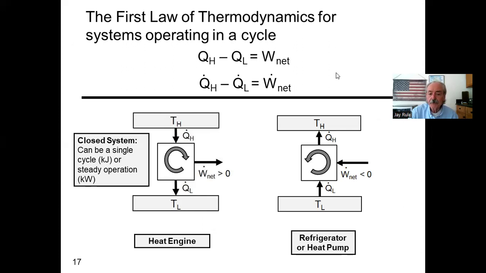Okay, so first law of thermodynamics for systems operating in a cycle, it's important to devote a slide to that. And Dr. Jones did that on the board as well, recognizing the difference between a heat engine, okay, that's a power plant, or a refrigerator or a heat pump. Both of these are systems operating steadily in a cycle. Just notice how the arrows are reversed.